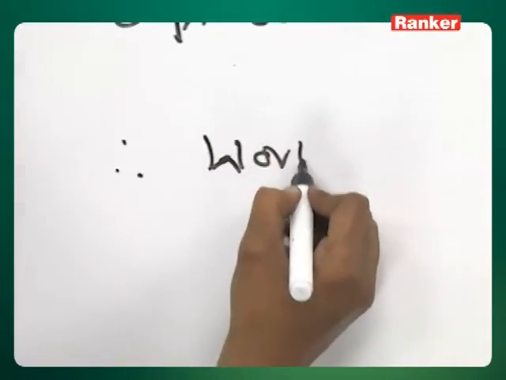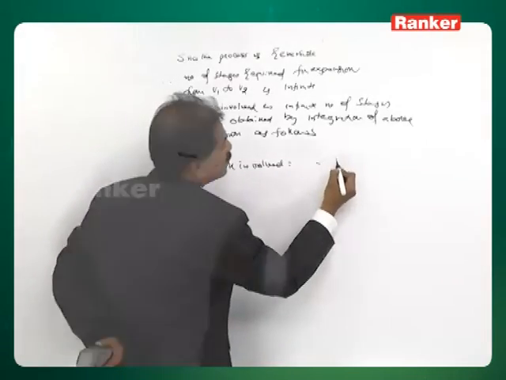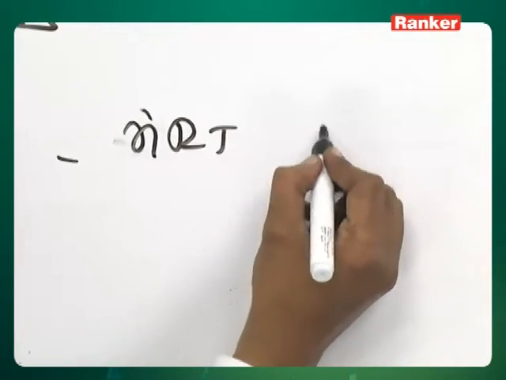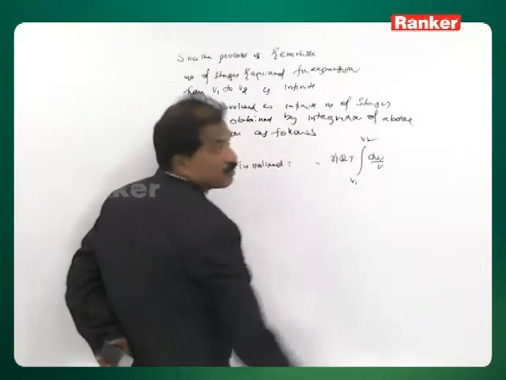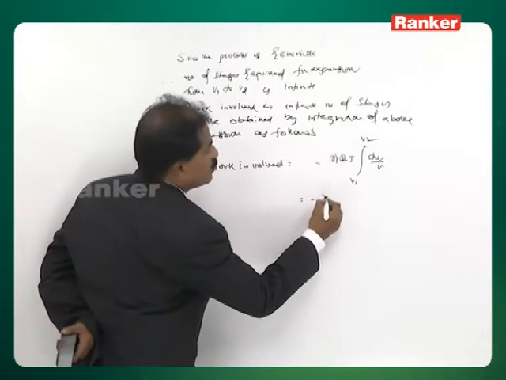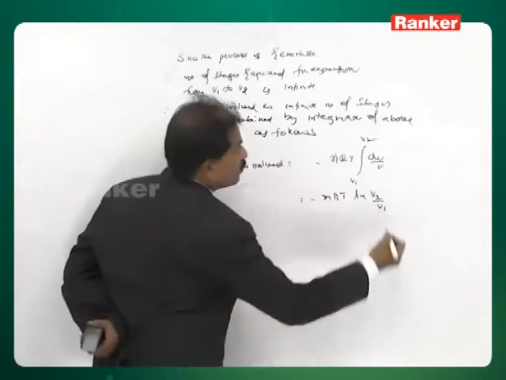Therefore, work involved is minus nRT dV by V. It is equal to minus nRT ln V2 by V1.